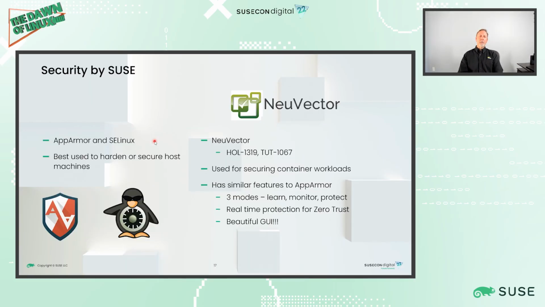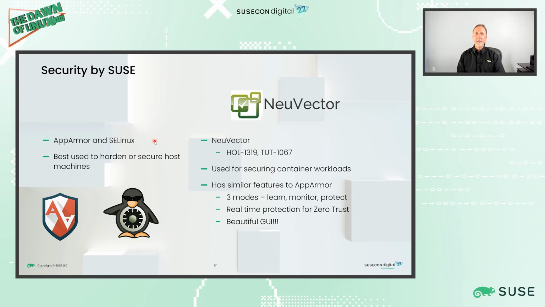Now, from a security perspective, SUSE has got a couple of things that we're bringing to the table. One, we talked about AppArmor. SUSE actually ships with both AppArmor and SELinux. SELinux is an alternative, another methodology for doing system hardening like this. Each has its own strength. There are some added capabilities on the SELinux side, but it requires a much more skilled individual to do the profiles.